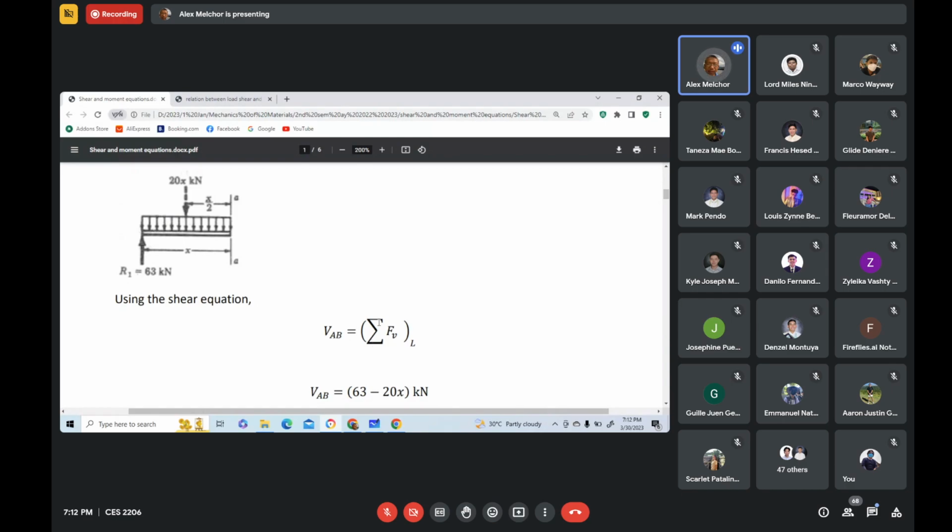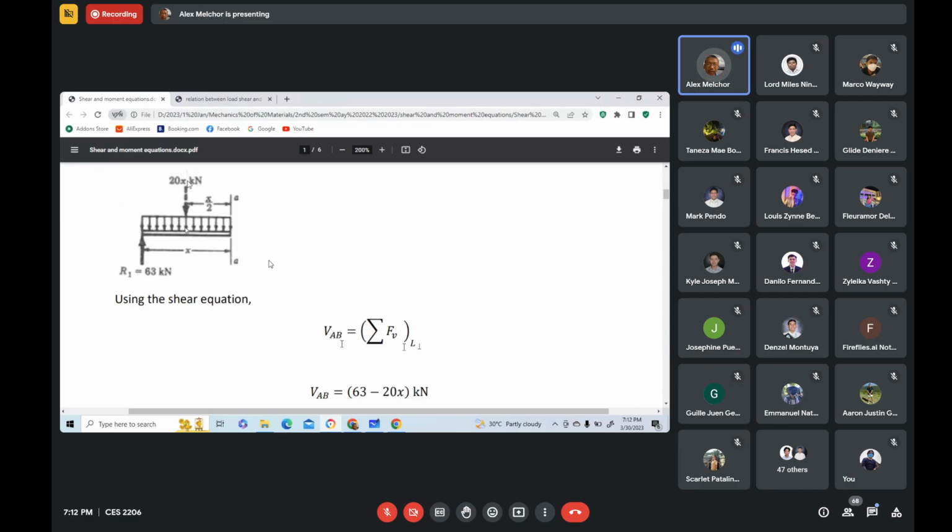You sum up forces vertical considering the left portion of the section. So to the left of section AA, there are two forces. One force acting upward. The other force is the resultant of that uniformly distributed loading.